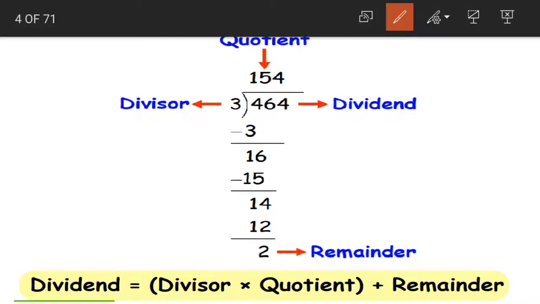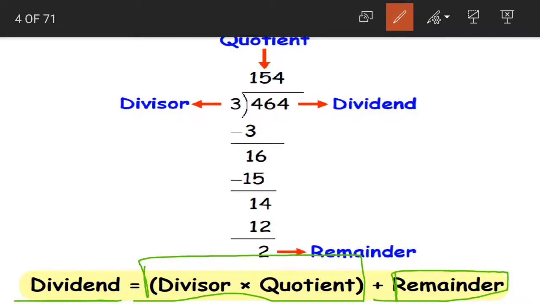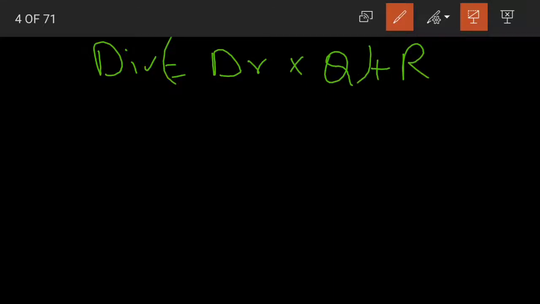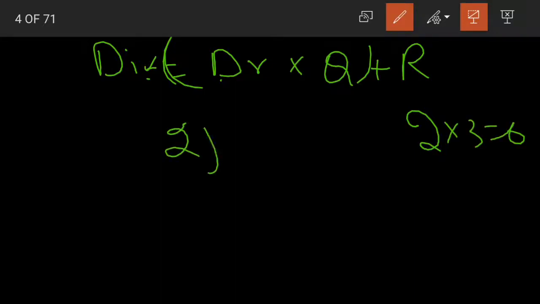Now, dividend is equal to divisor into quotient plus remainder. I wrote dr here for divisor. Just now, 2 threes are 6. When 6 was divided by 2, what was this?